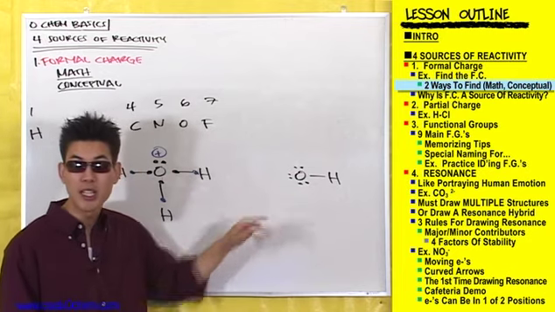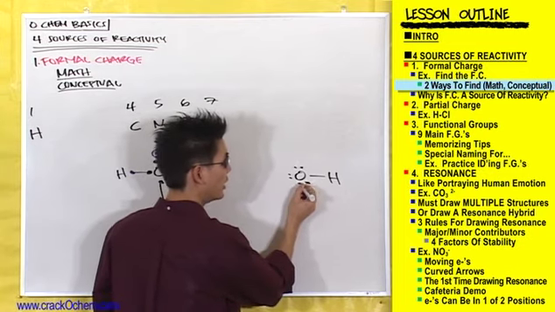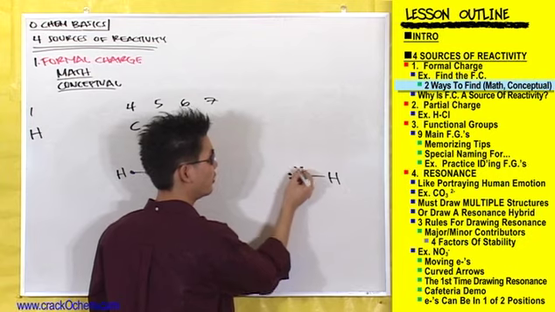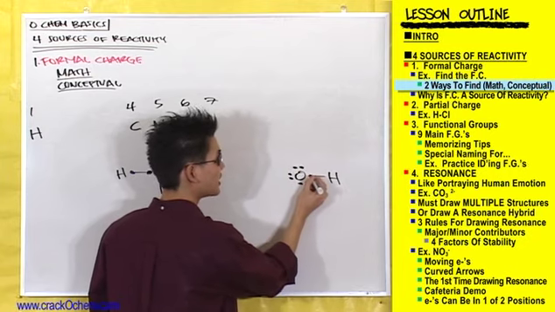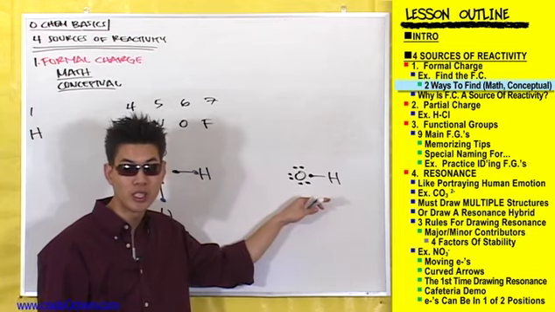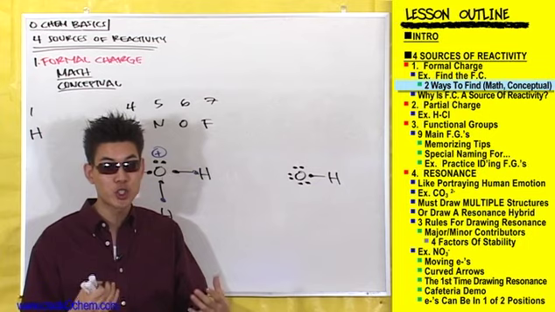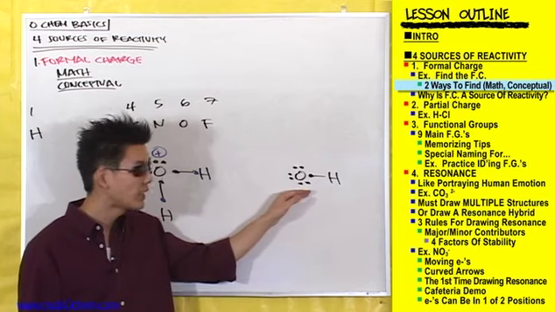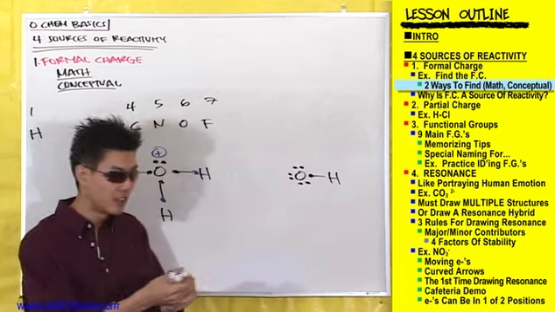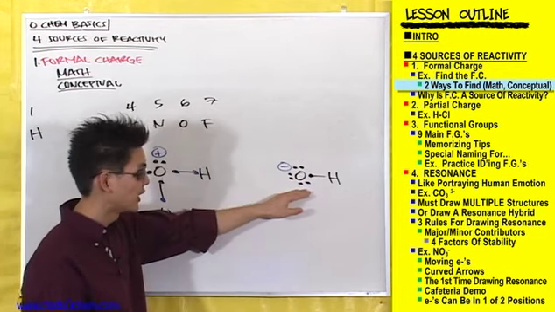Let's find out how many it has around it right now. This oxygen has 1, 2, 3, 4, 5, 6, 7 valence electrons directly around it, right, you guys? So that means if you added an extra electron, an extra negative charge around that atom, that's going to give it a negative charge. So you'd put a negative with a circle around it next to that oxygen.